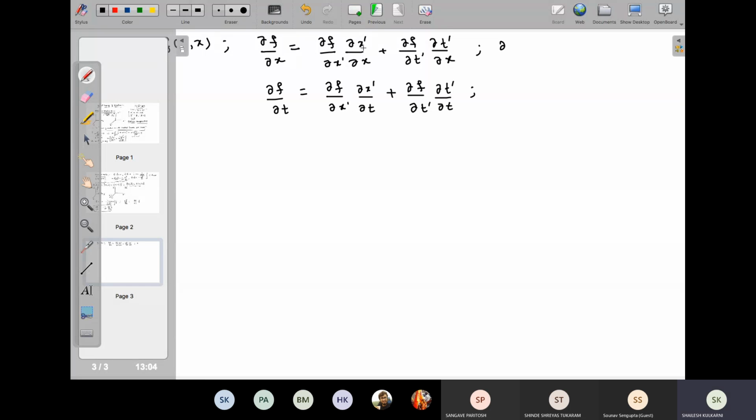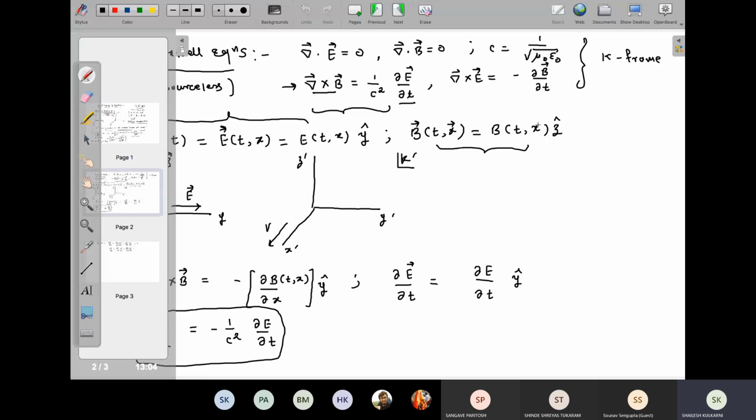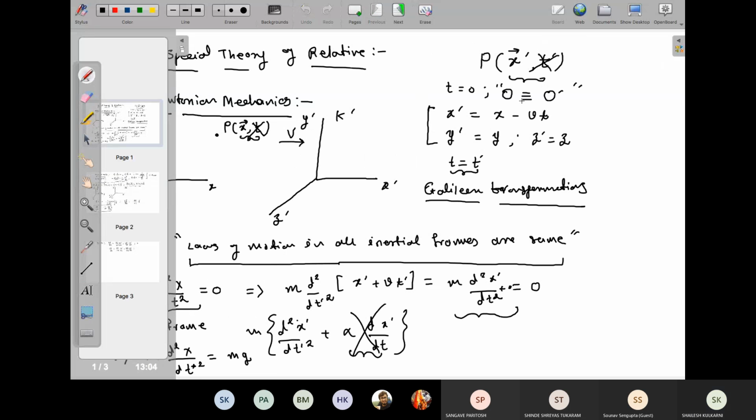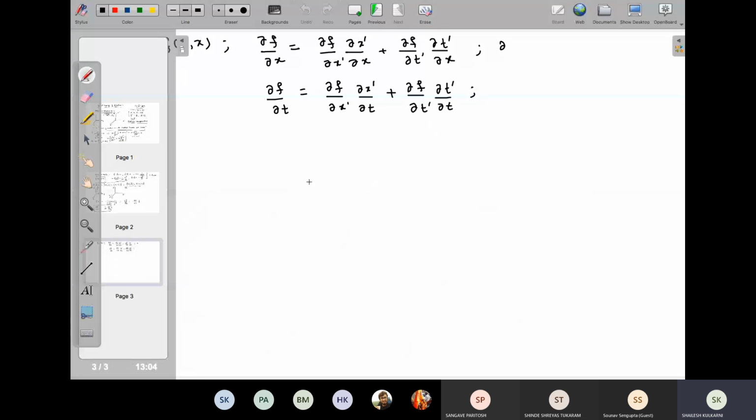So we should know these partial derivatives, but the transformations are given, right? The transformations are given here. So x prime equal to x minus vt and t prime equal to t. So del x prime by del x will be 1. Then del t prime by del x is same as del t by del x because t prime equal to t, that will be 0.